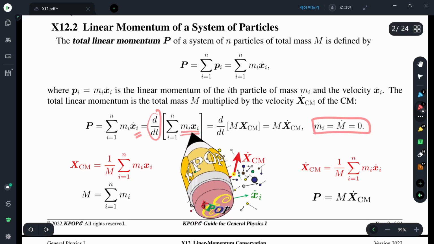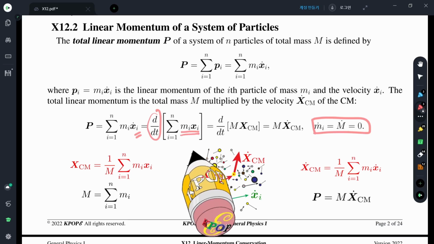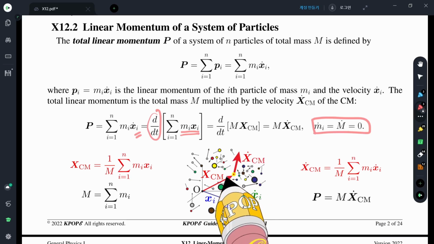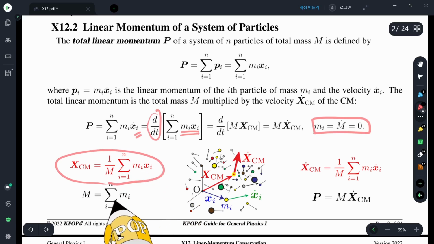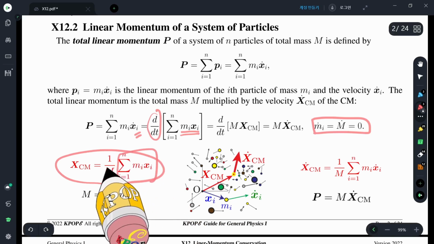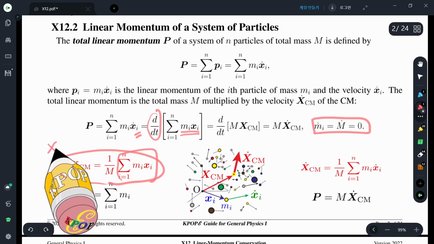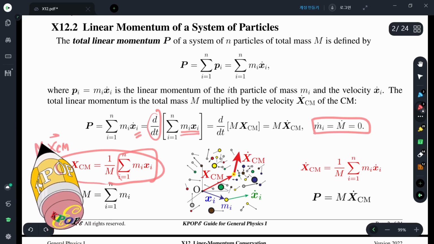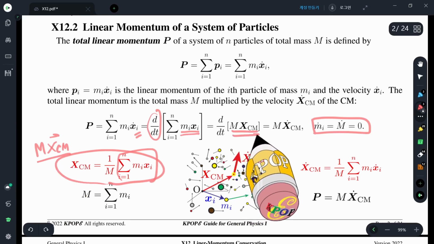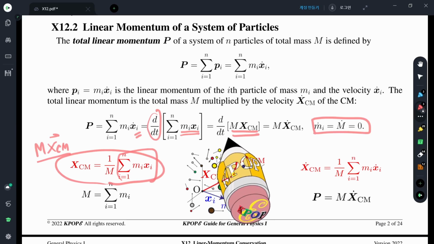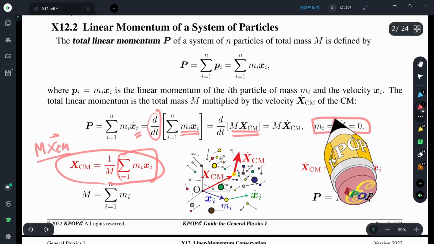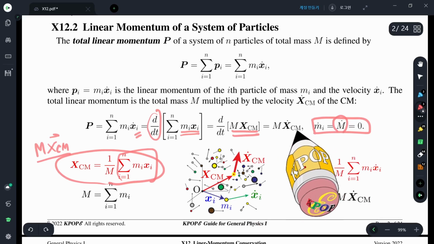Then we can make use of the definition of the center of mass. This sum is the center of mass times the total mass, right? And then we just take the derivative again, and we assume capital M dot equals 0.